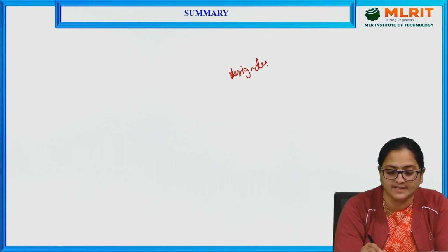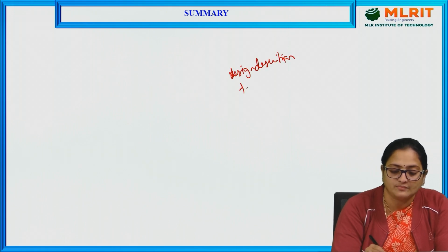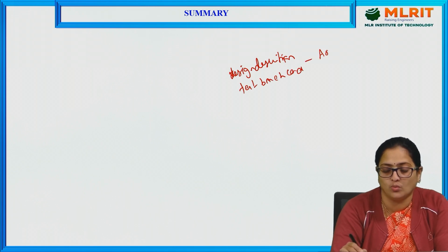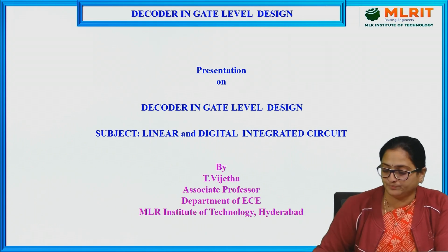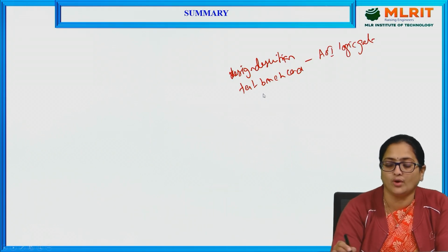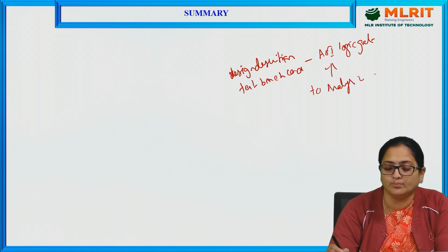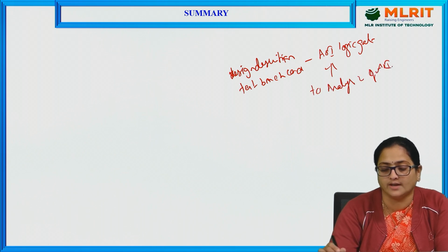We discussed how to write a design description and test bench code for the AOI logic gate, and we also discussed how to analyze the output of the AOI gate.